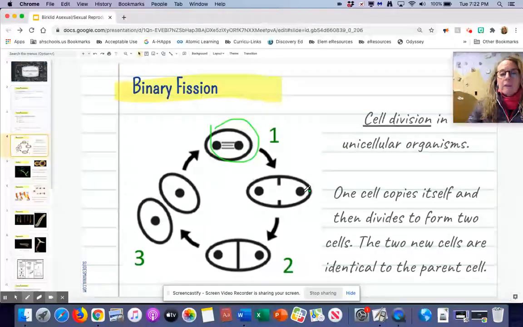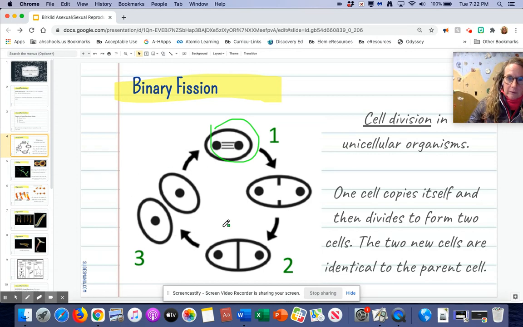Then the nuclei that are exactly the same move to the two sides of the cell. That cell starts to divide, and then eventually you get two cells that are identical to each other. So one cell copies itself and all of the information inside, and then makes two new cells that are identical. So binary fission is the same as cell division in unicellular organisms, which results in reproduction.